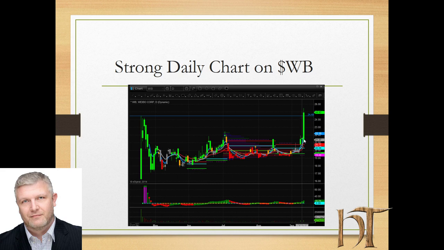It had a really big day because it had several windows, and it went from $21 up to $25.50, from here all the way up to here. Let's look at this chart with more trend lines.